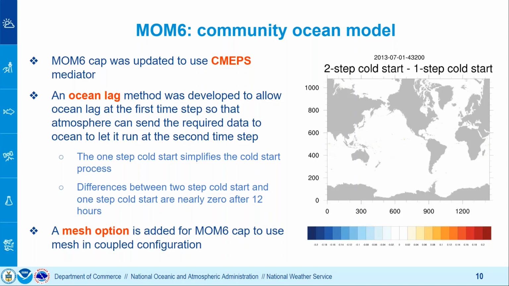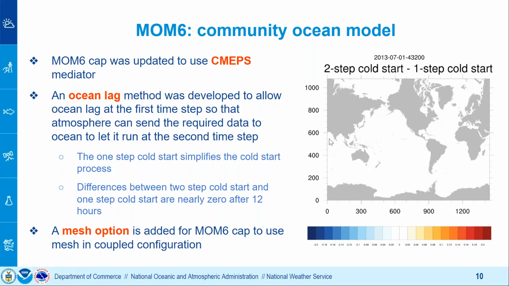We used to have two steps in order to run a cold start in the coupled configuration. With ocean lag, the atmosphere can send the required data to the ocean and let it run at the second step. So the simplification actually helps us save time and complexity.